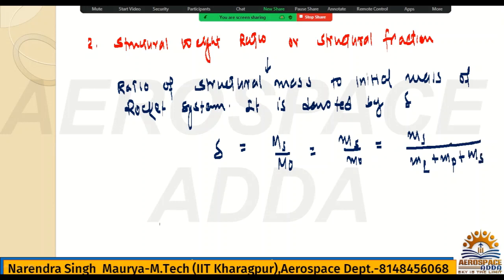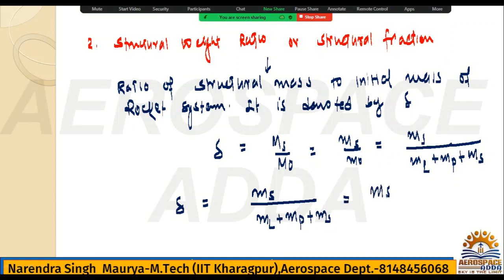So this formula you need to remember. Delta is equal to ms divided by ml plus mp plus ms, and this is nothing but ms divided by m naught. Okay.